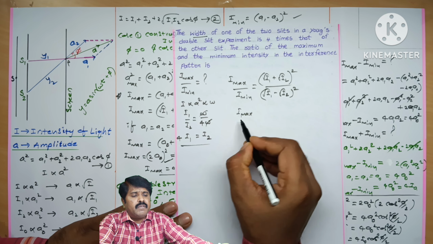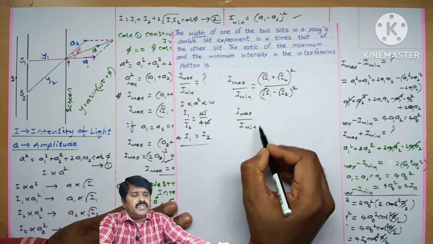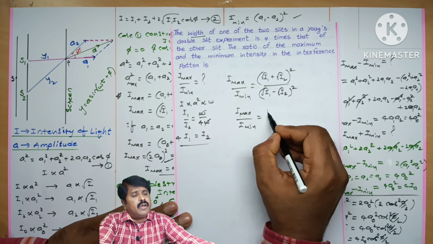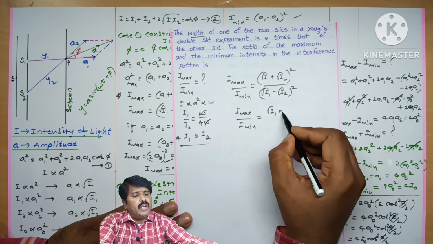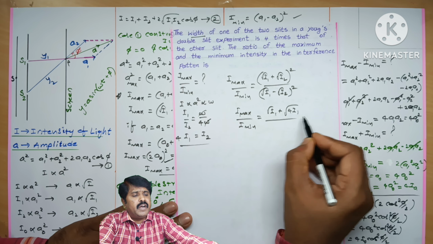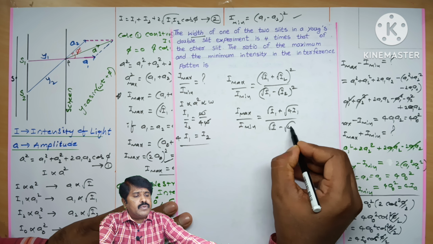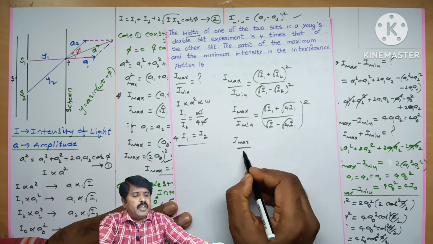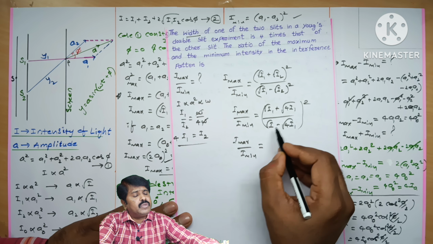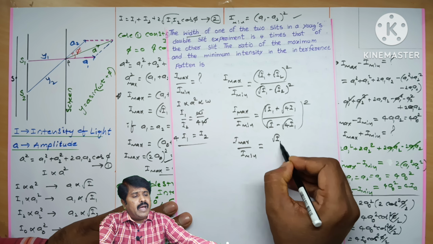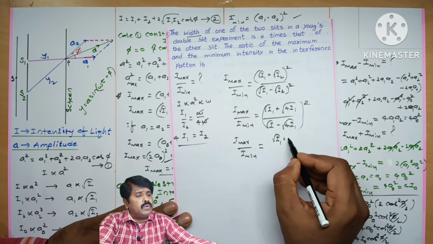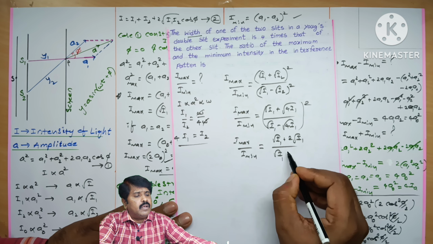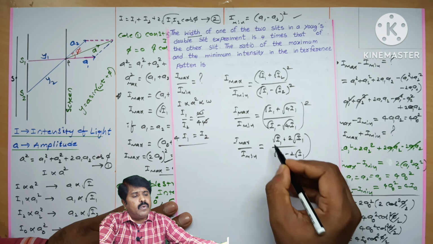So I max divided by I minimum, replacing the values, root I1 plus root of 4 I1 whole square divided by root I1 minus root of 4 I1 whole square, so I max divided by I minimum is equal to root I1 plus 2 root I1 divided by root I1 minus 2 root I1 whole square.